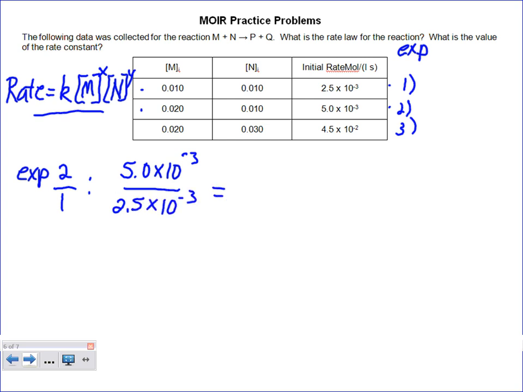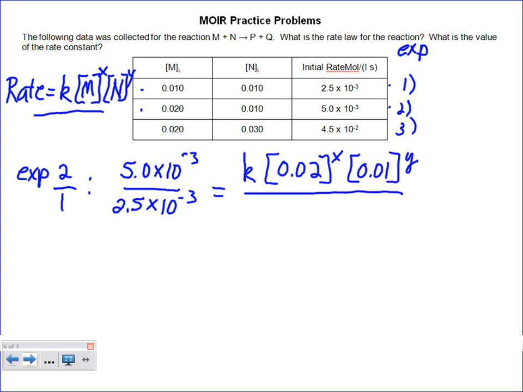That's going to be equal to a constant K times the concentration of M, which is 0.02, raised to the power of x, times the concentration of N, which is 0.01, raised to the power of y. And I have to do that for experiment 1 as well, so this is K, and here we have 0.01 raised to the power of x and 0.01 raised to the power of y.